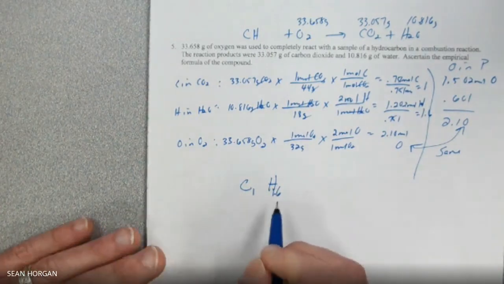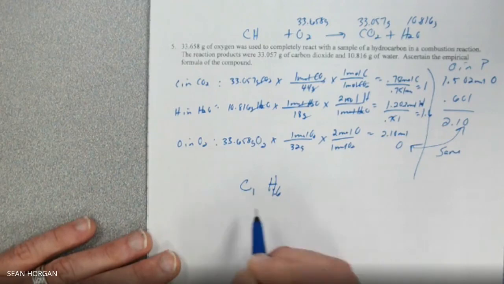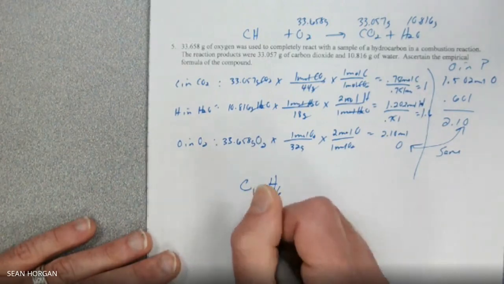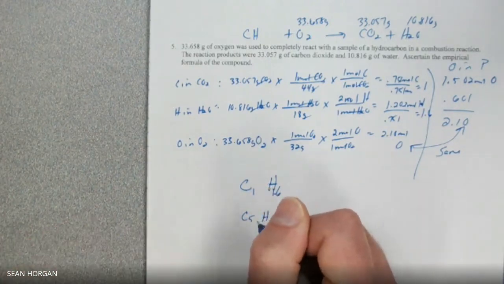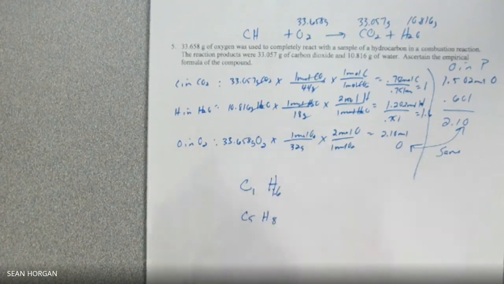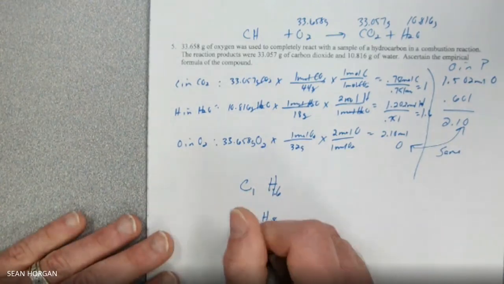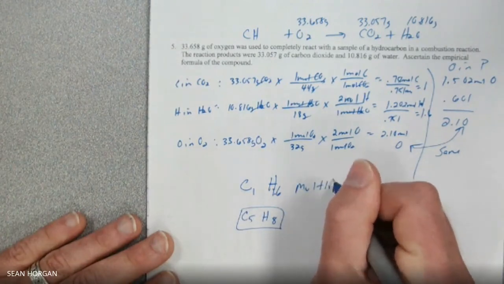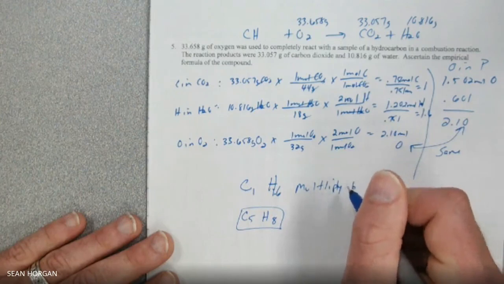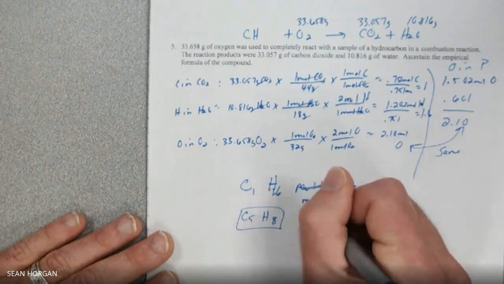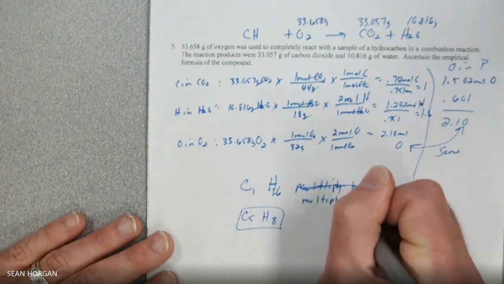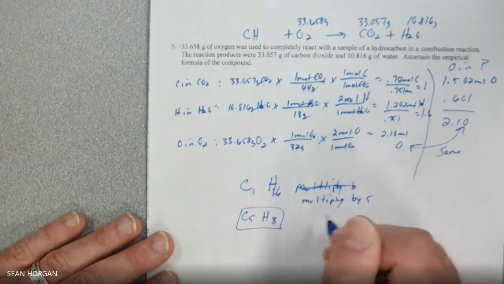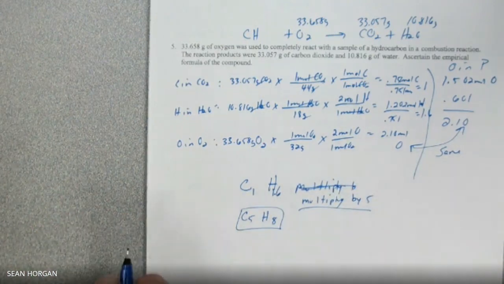It's got to be a whole number. So I got to multiply by some number to get this thing to go ahead. I think if I multiply by 5, I end up with C5H8. Okay? I think this is the one. So we multiply by 5. Whole number ratio. And that is number 5.